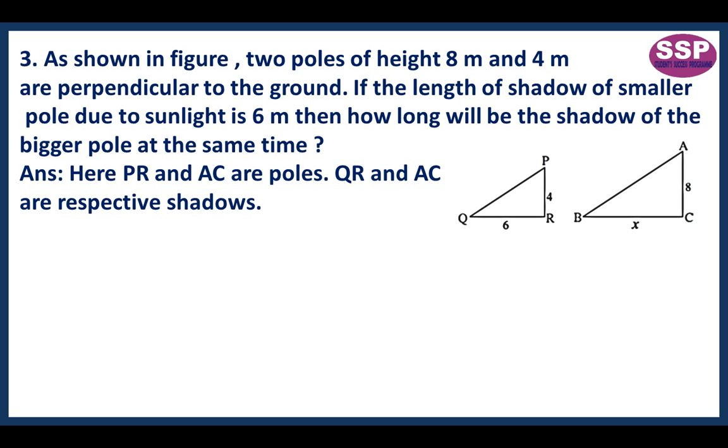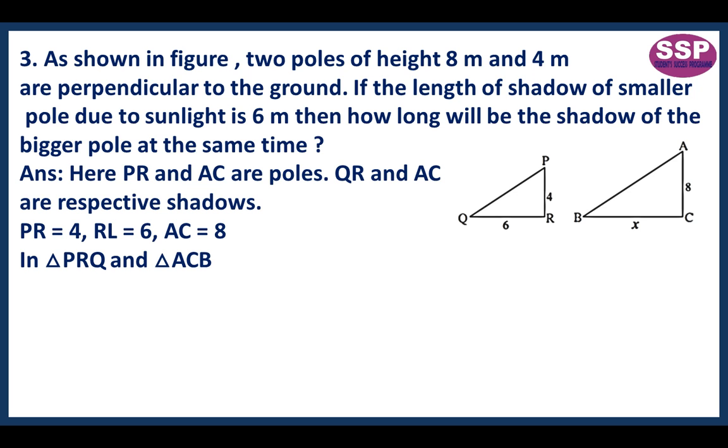Now we have to draw a figure in which PR and AC are the poles, QR and BC are the respective shadows. After joining PQ and AB, we get triangle PRQ and triangle ACB, in which PR equal to 4, RQ equal to 6 and AC equal to 8, that is given. Now in triangle PRQ and triangle ACB, angle PRQ and angle ACB are congruent, each of 90 degrees.